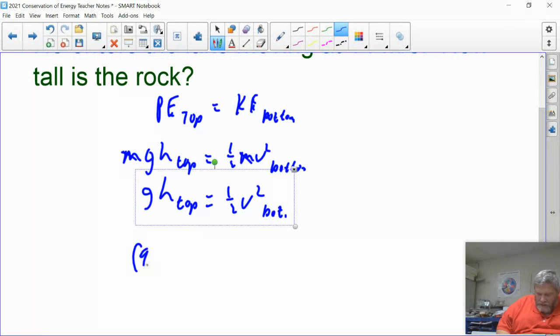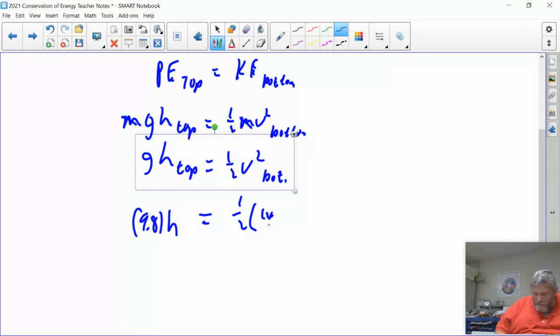So 9.8 times h, because we don't know what h is, equals 1/2 times, what's the speed? 14 squared. So 9.8h is equal to 14 squared divided by 2, which is 98.